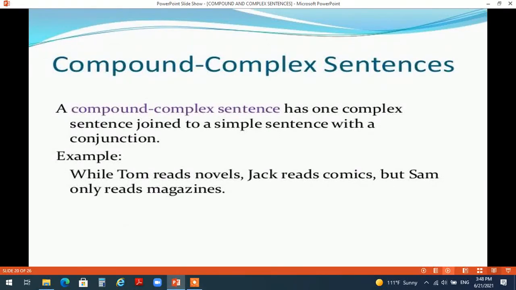So here we have one dependent clause اللي هو while Tom reads novels, while the other two clauses, Jack reads comics but Sam only reads magazines, are both independent clauses. So in this case, since we have a subordinator and a coordinator in the same sentence, then we have a special type of sentences which is called compound complex sentences.